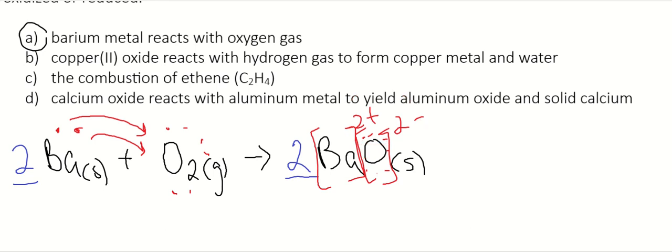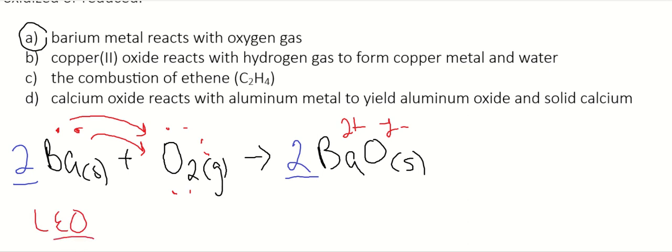Okay, so let me get some of this paint off the screen. Let me just write the charges here. All right, we don't write charges in the neutral compound, but the compound is made up of these charges. It's accurate to say that. Barium is losing electrons, as you can see, so the loss of electrons. You use the mnemonic LEO the lion goes GER.